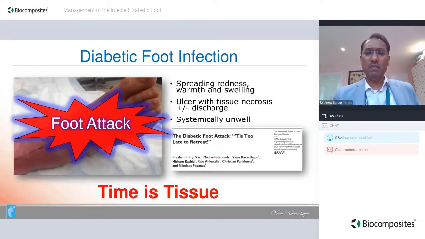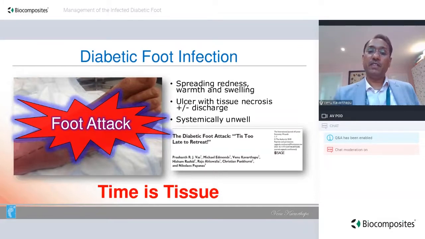And this term of diabetic foot attack was introduced relatively recently, and it is gaining a lot of attention because these presentations require that type of very notable attention. Because if you delay the treatment, usually in the form of surgery, there will be more tissue loss.